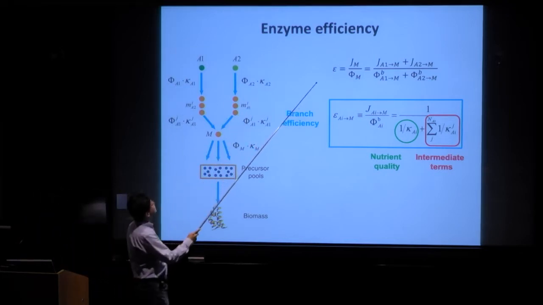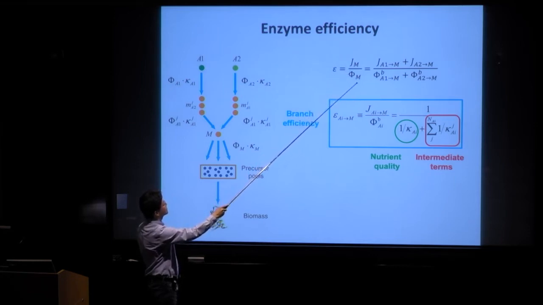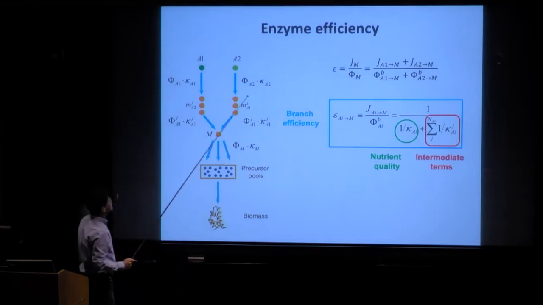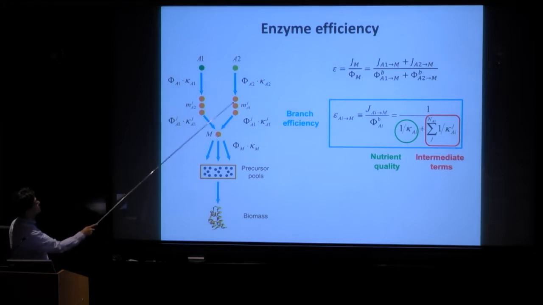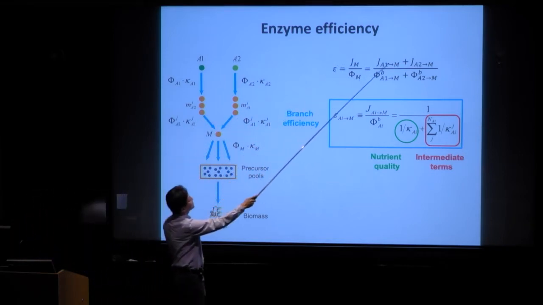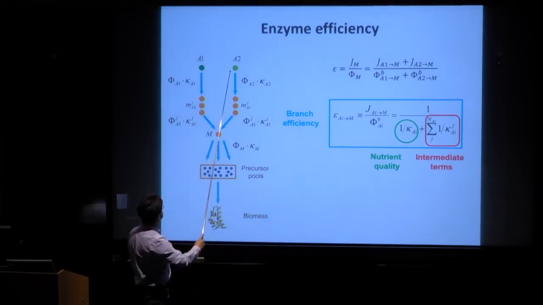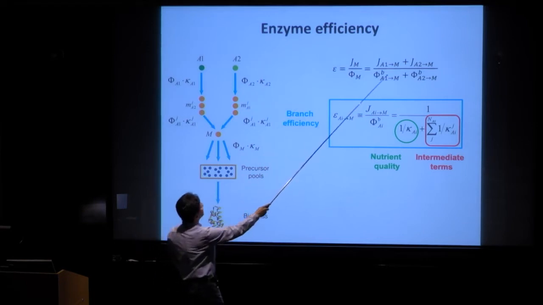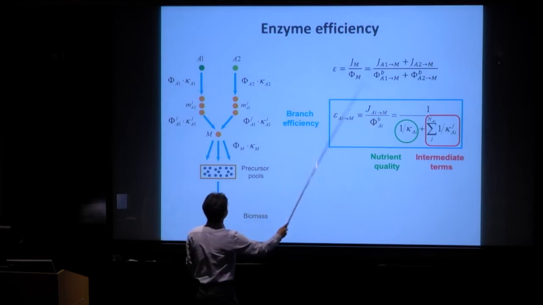So then we can define some enzyme efficiency, defined as the total carbon flux delivered divided by the total cost. These are the enzyme mass. Okay. So if I want to ask what's the efficiency for the carbon flux going to the M from all these branches, then it's just the total flux, which is flux from A1 to M, flux A2 to M, this flux plus this flux, divided by all the enzymes I use in this branch, and all the enzymes I use from this branch.